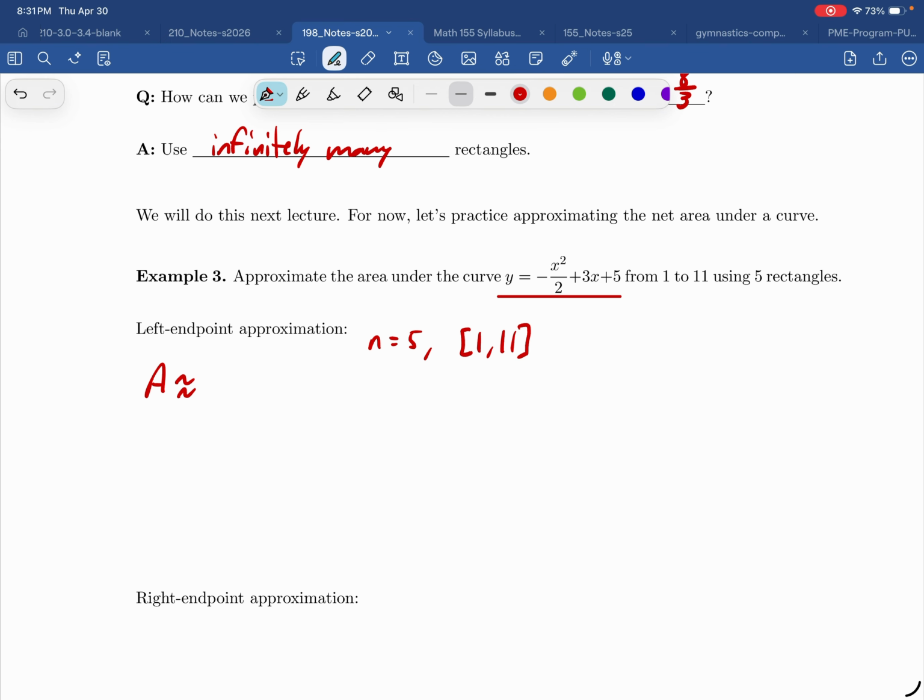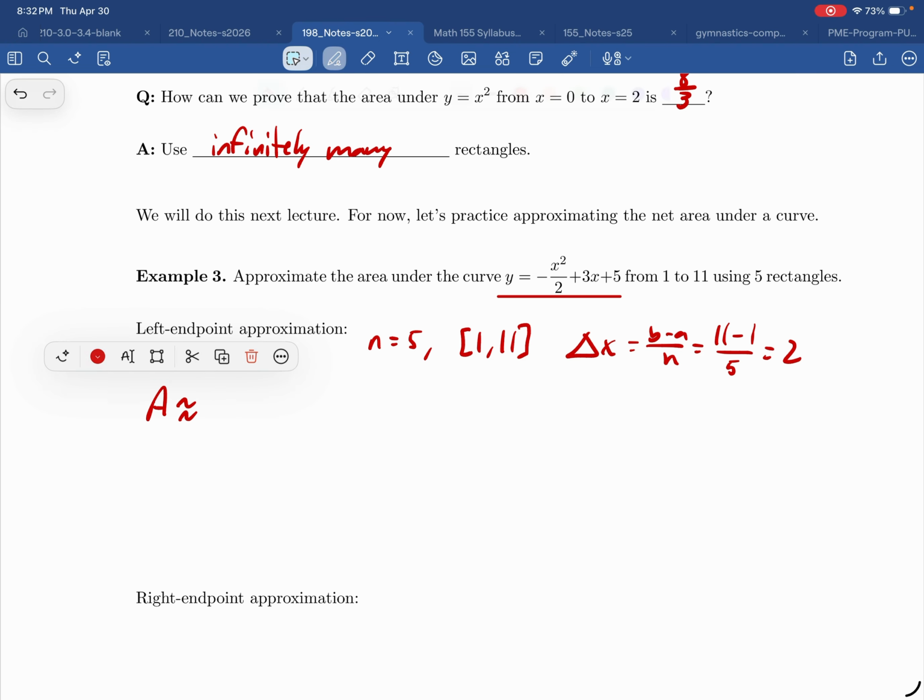So delta x equals b minus a over n, which is 11 minus 1 over 5, which is actually 2. So actually kind of nice in this case, right? So the area under this curve is approximately equal to, what's it going to be?